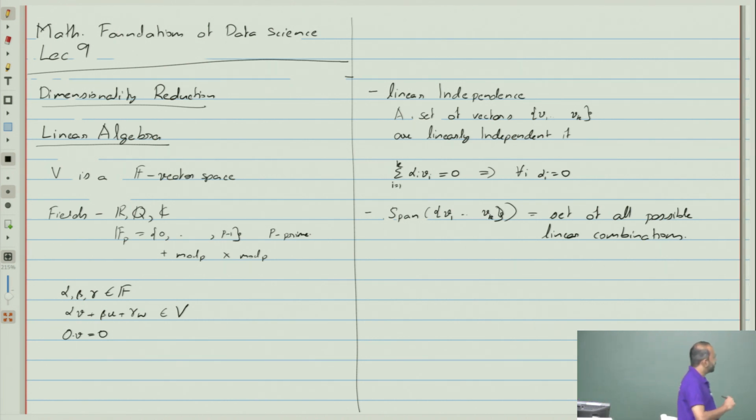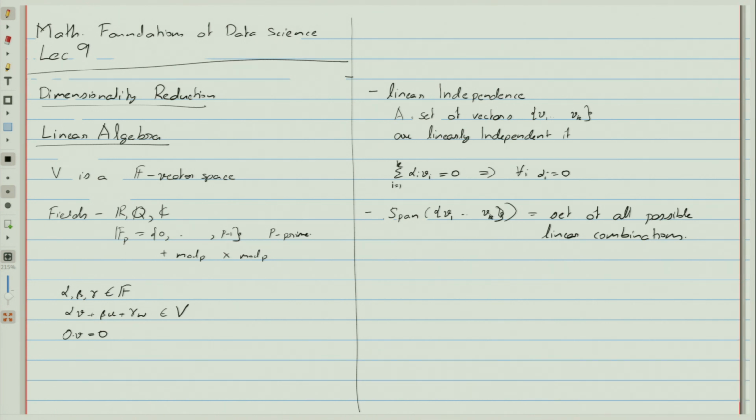So it is the set of all possible linear combinations. Remember, we have not said that v 1 to v k are linearly independent or anything like that. They are some vectors, we take all the linear combinations, and you get the span. The interesting thing is the span of a set of vectors is a vector space by itself.